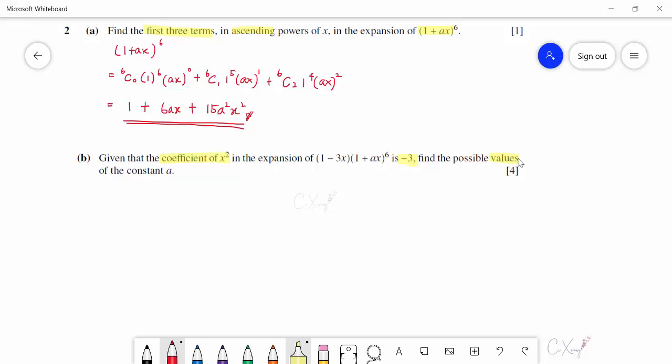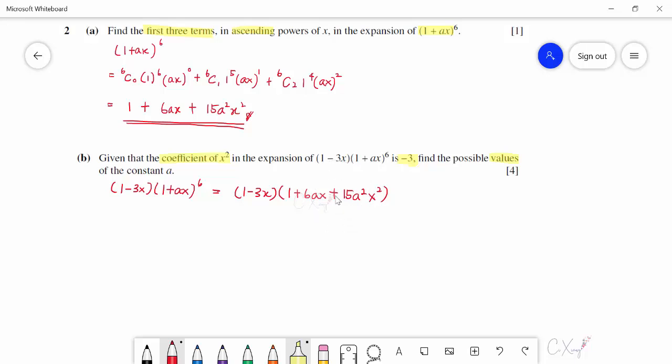Let's start with the expansion given here, (1 - 3x)(1 + ax)^6. I just copy 1 - 3x, and (1 + ax)^6, and I will substitute the expansion that we got just now in part A, because in part A the expansion already includes up to and including the x² term. So I can straight away substitute my expansion into this part.